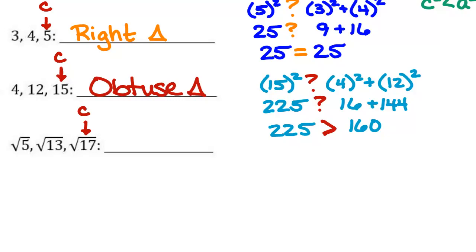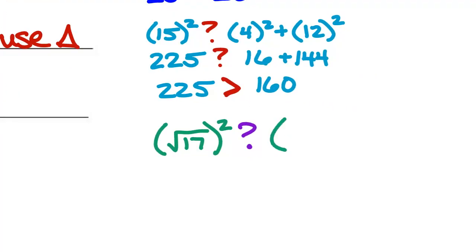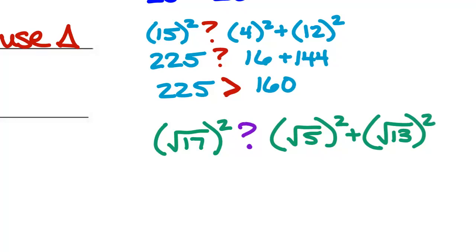All right, then for part C, all of these have square roots over them. We have to take them all and square them because that's what Pythagorean theorem says to do. So square root of 17 squared. Then a big old question mark there. And then we have the square root of 5 squared plus the square root of 13 squared. Yep, those cancel on all 3 of them.